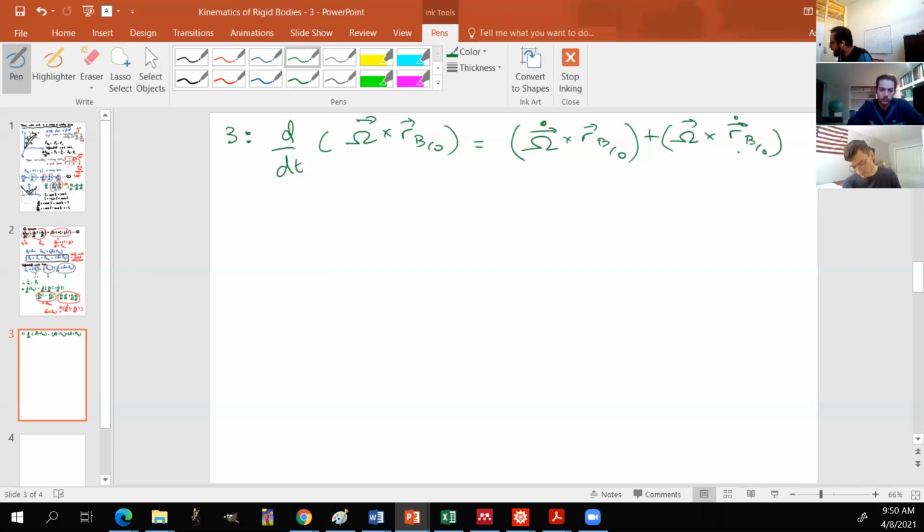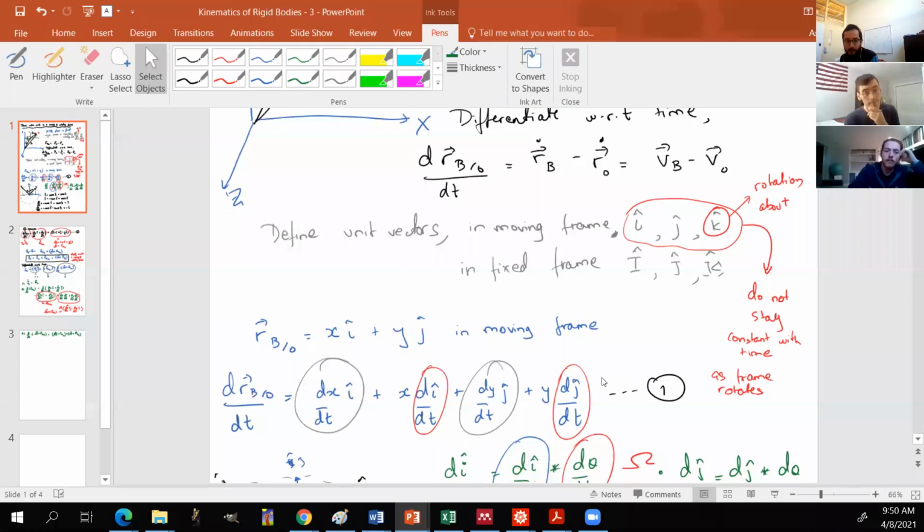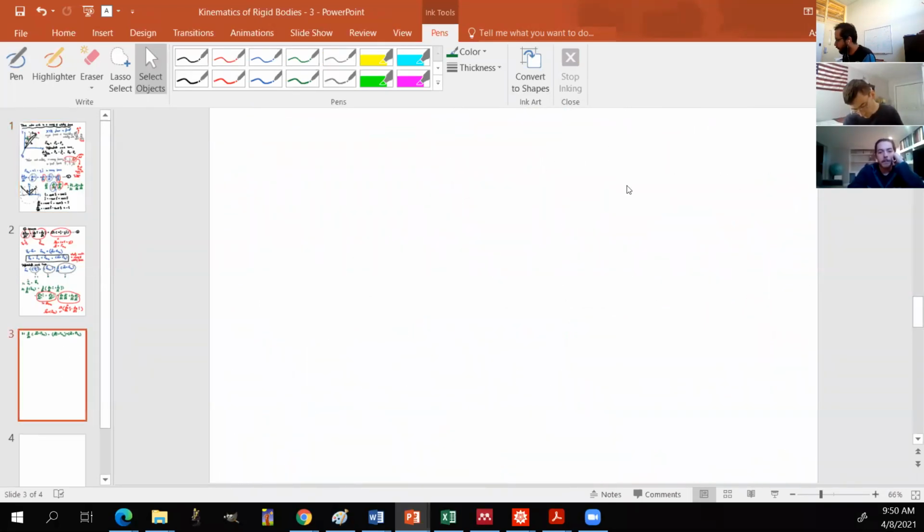And this term is just the angular acceleration of your rotating frame of reference. So we can't do anything about that one. This term here, we've already found out what it is equal to, from expression number 1 that we found.